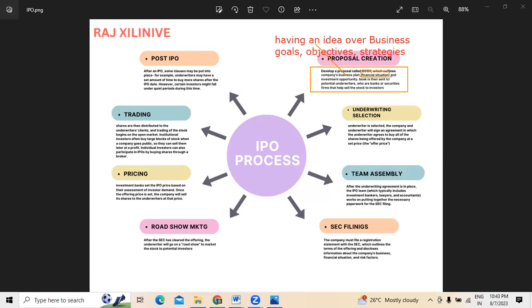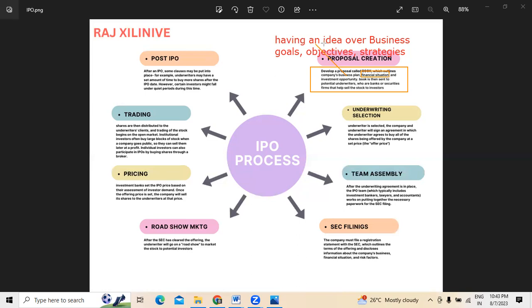All these things will be evaluated under the financial situation. As I told you, there will be an accounts and finance team looking after all that. Being a business analyst, we should have an idea over the financial situation, what it is and how we do it. Whatever the requirements are will be given by the BA. This is what we discussed in the previous session.